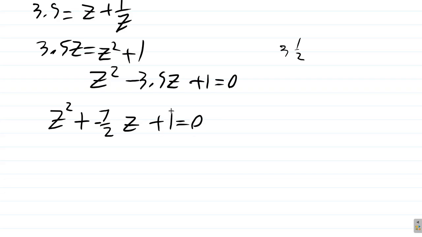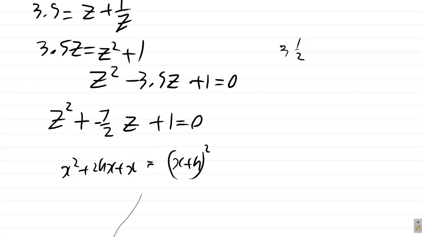Now you have to remember, when completing the square, it's like you're saying x plus h all squared equals, when you multiply them out, x squared plus 2hx plus h squared.